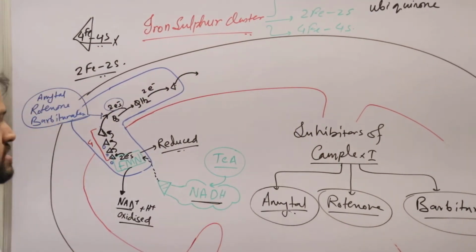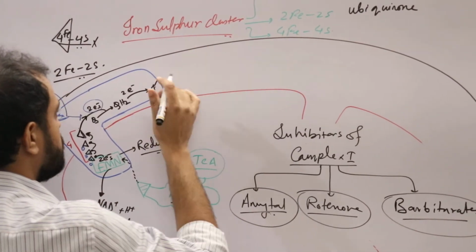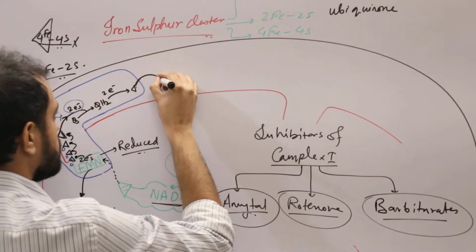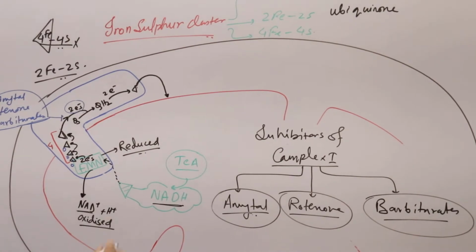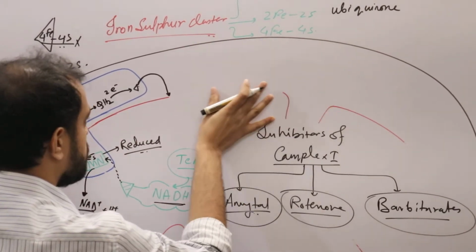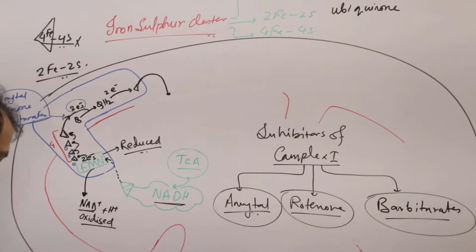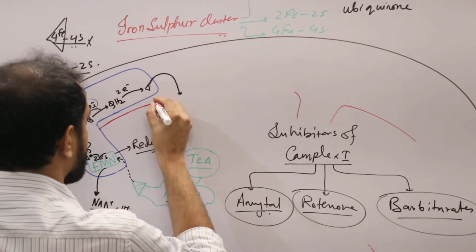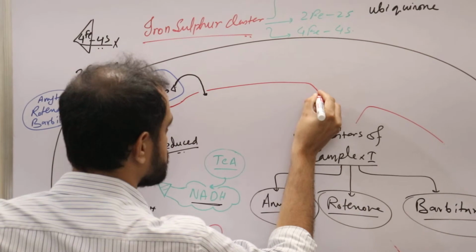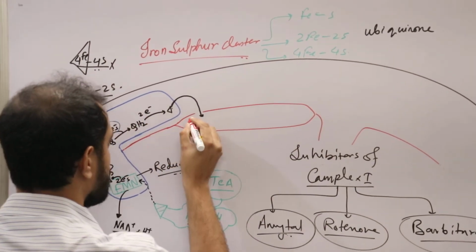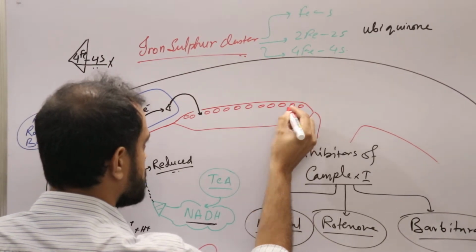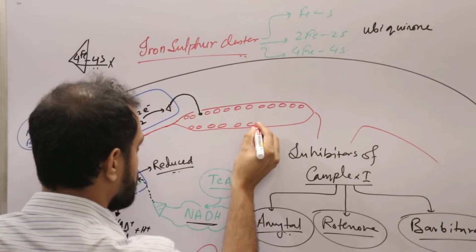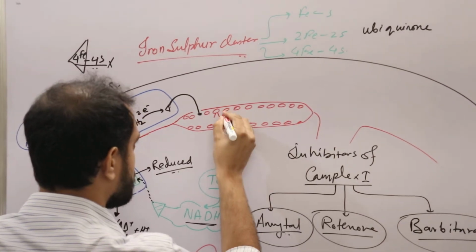There is a very basic thing you need to understand, that is, it will throw the electron into the mitochondrial membrane itself. Think like this: this is the part of the membrane, right?